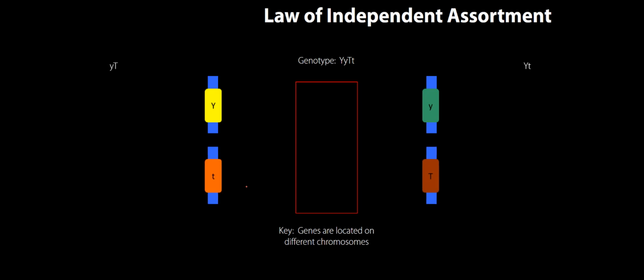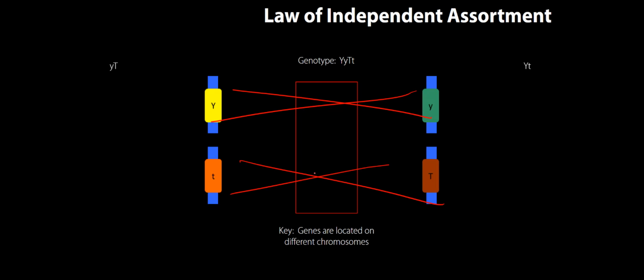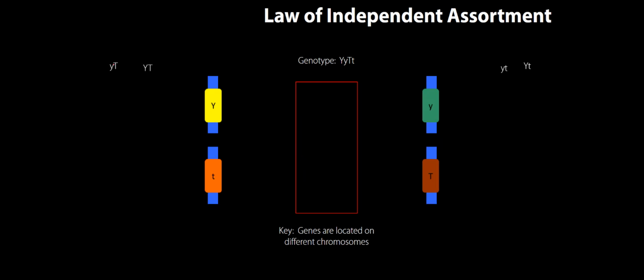And so because the first pair can go either way and the second pair can go either way, that gives us all four of the possibilities, all four of these possible genotypes. So that's what the law of independent assortment tells us.